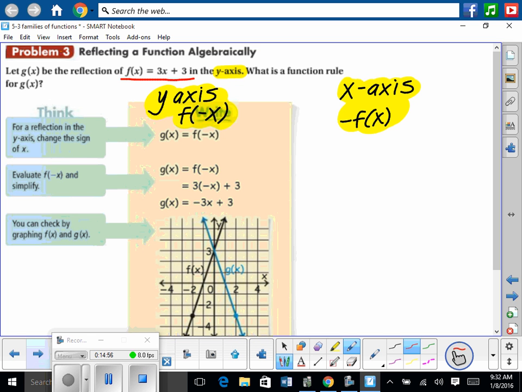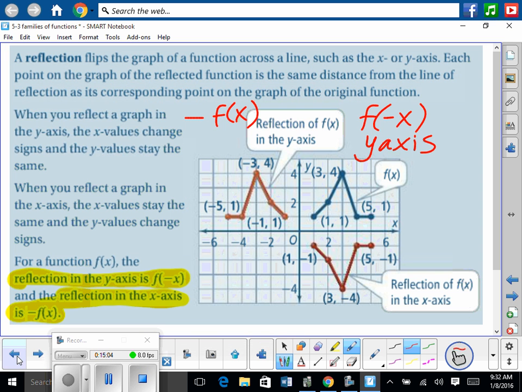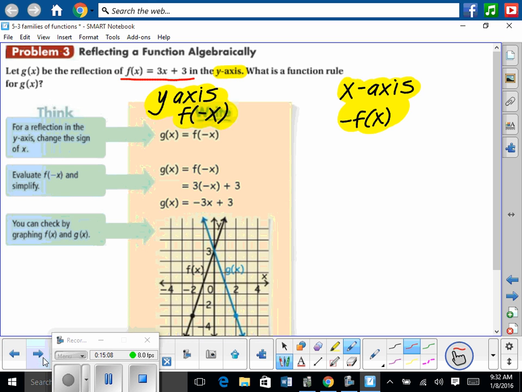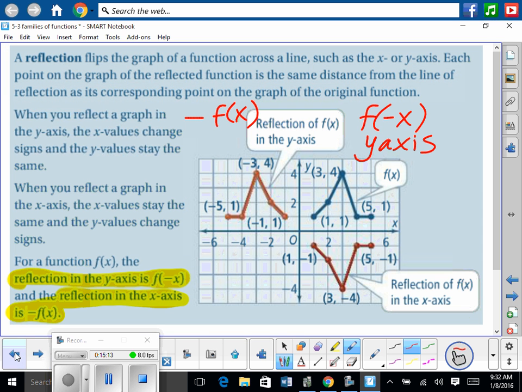Well, you have to know, okay, so a reflection over the y-axis, you have to know is f of, oh, crapola. Did I say that backwards? I did say that backwards. So reflection on the y-axis.